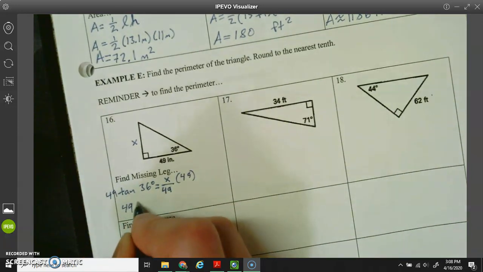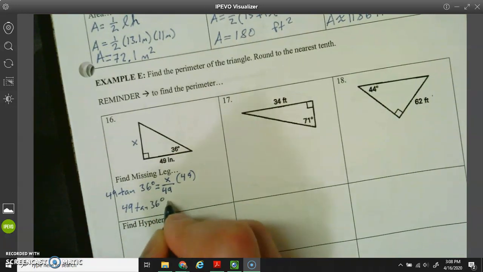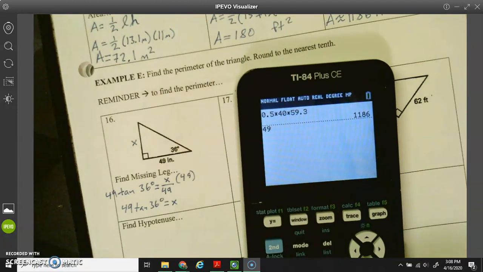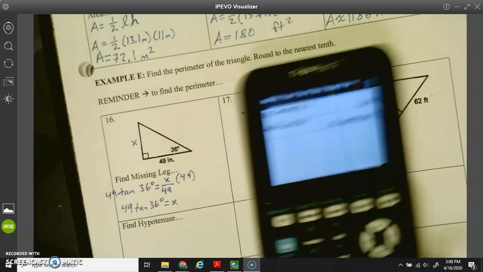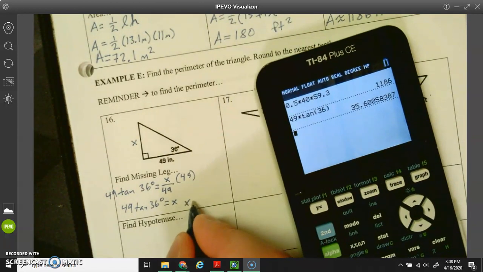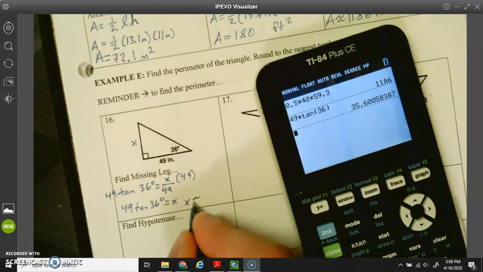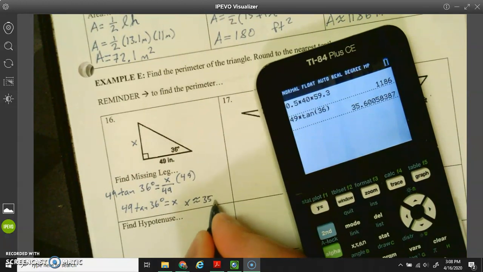So I have 49 times tangent of 36 degrees equals x. 49 times tangent of 36 degrees. So that gives me x is approximately equal to 35.6.